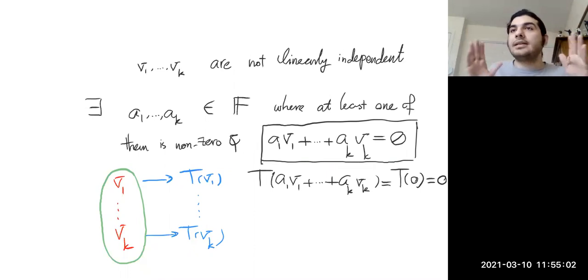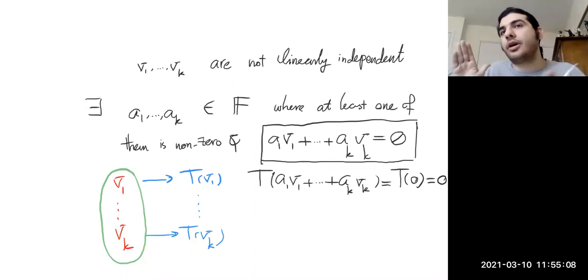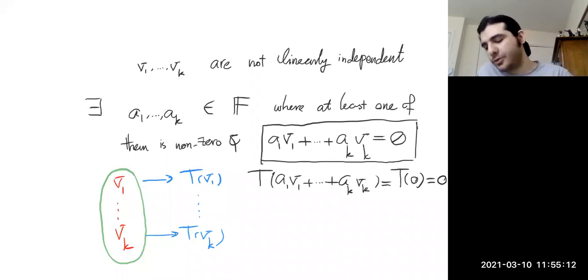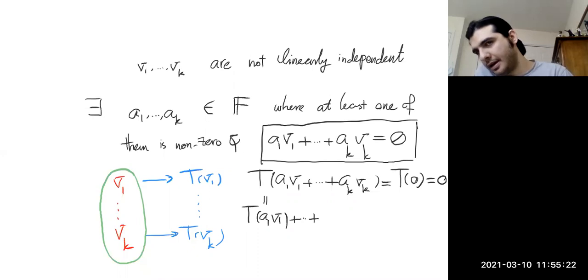On the other hand, T is linear, and linear maps respect or preserve the addition structure. That means T of a1 v1 plus up to ak vk is equal to T of a1 v1 plus up to T of ak vk.